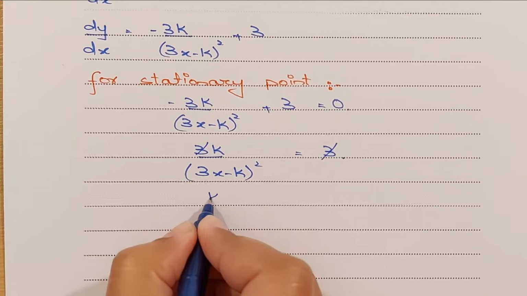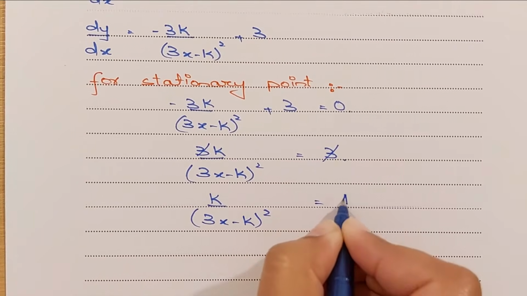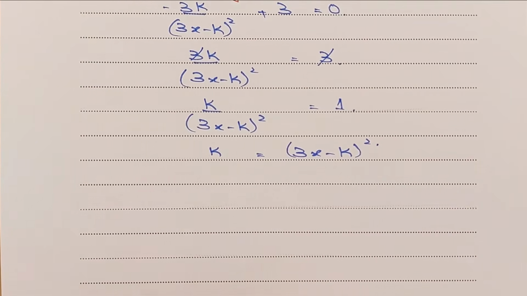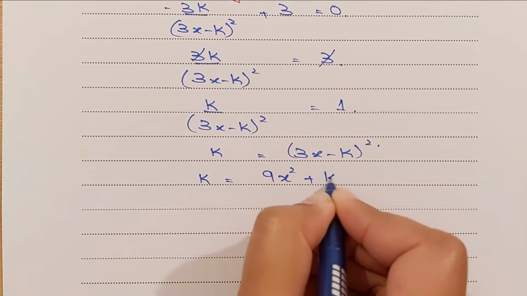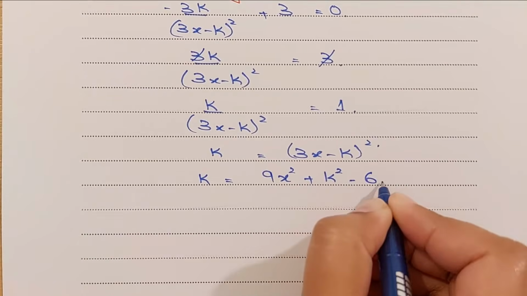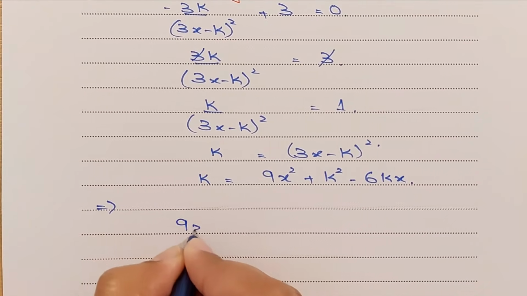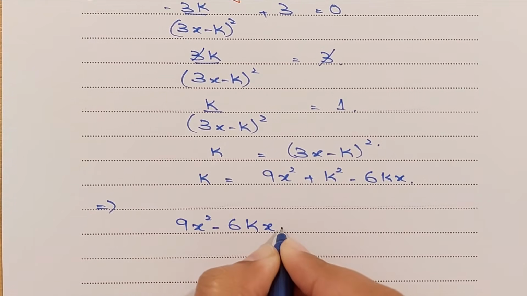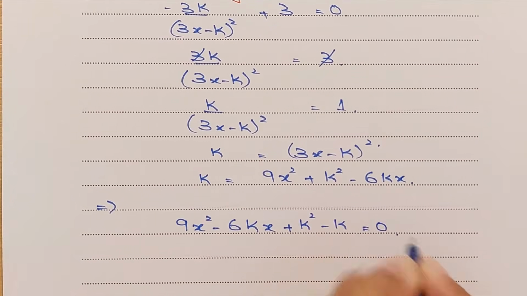So from here we have k over (3x minus k) whole squared equals 1. Cross multiplication, k is equal to (3x minus k) whole squared. We have to solve for x in terms of k. So k is equal to 9x squared plus k squared minus 2 times 3, 6kx, right? Or we can say 9x squared minus 6kx plus k squared minus k is equal to 0, right?